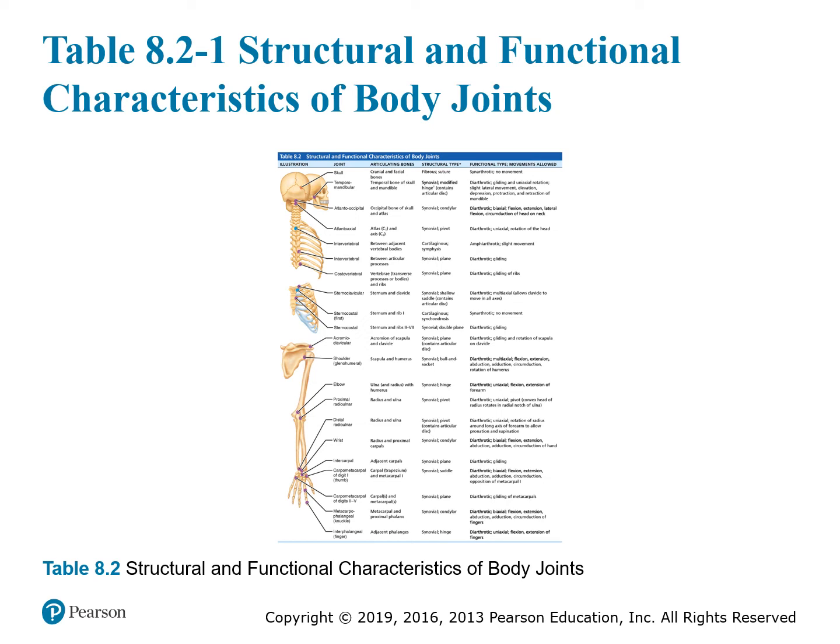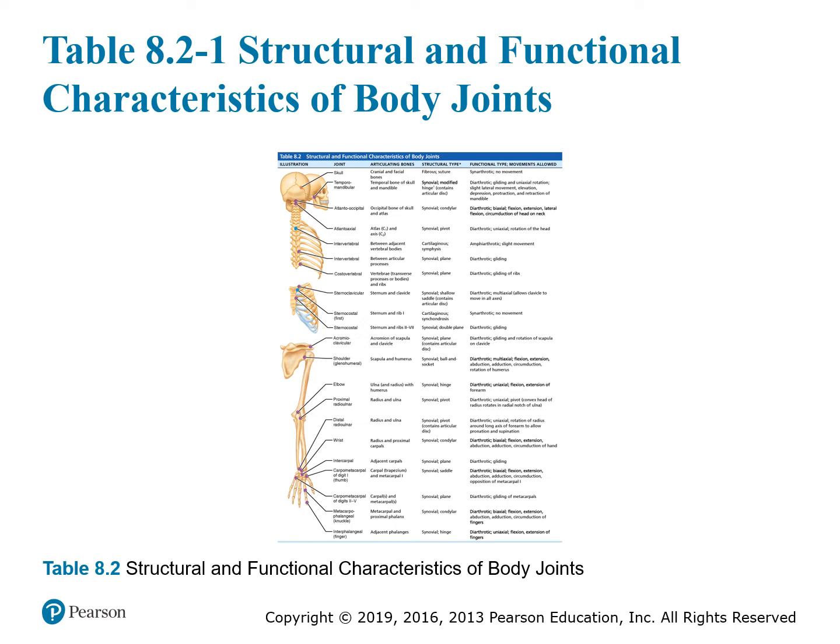The distal radioulnar joint, also between the radius and ulna, but distally, is a synovial pivot joint, and it contains an articular disc. Functionally, it is diarthrotic, uniaxial. It rotates the radius along the long axis of the forearm to allow for supination and pronation.